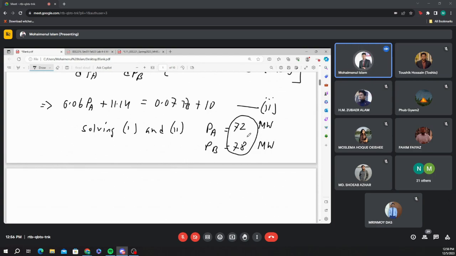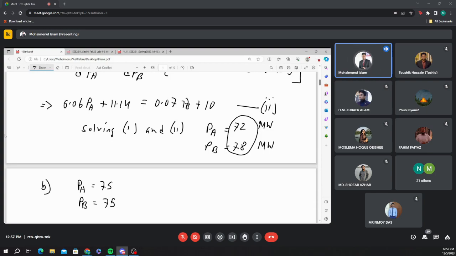Then you can say our load is equal. For B, PA should be 75 and PB should be 75. In our real case, PA is 72, so you need to increase by 3 megawatt at least, and for PB, you need to reduce 3 megawatt. Then you can say right now our load is shared equally.